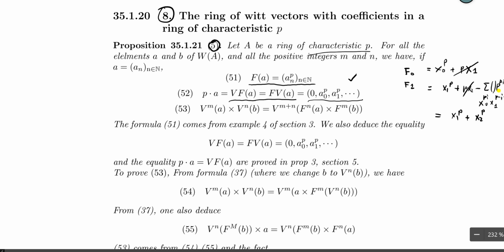This 52 is just the result of 51, directly from 53, from formula 37, where we change B to VmB. If you remember what is in 53, that's what we saw before without any condition on the characteristic of A. So you have this.